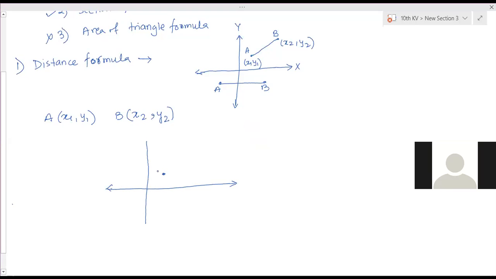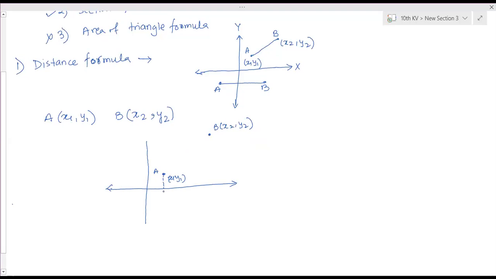If you draw the perpendicular on the x-axis, this value is x1, and on the y-axis this value is y1. Now for B, when you draw the perpendicular on the x-axis, this value is x2, and this is y2.